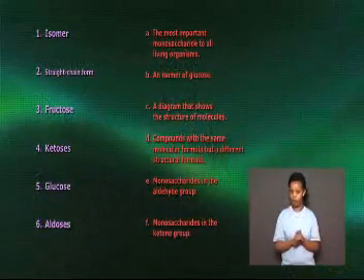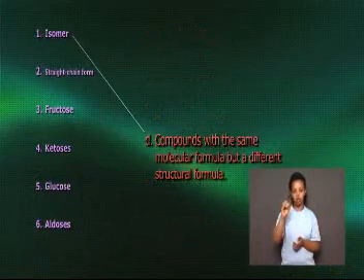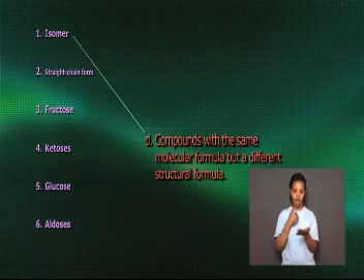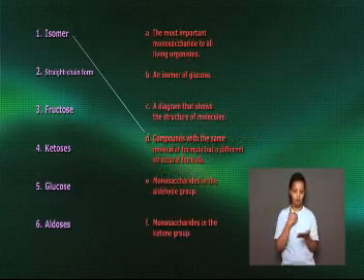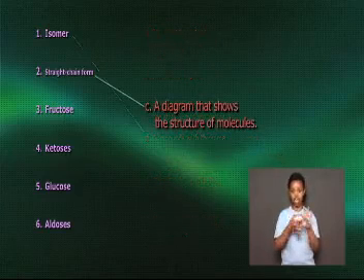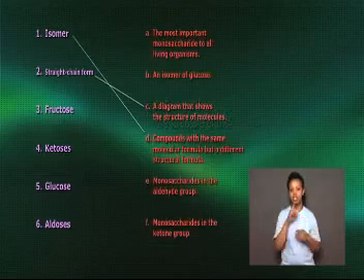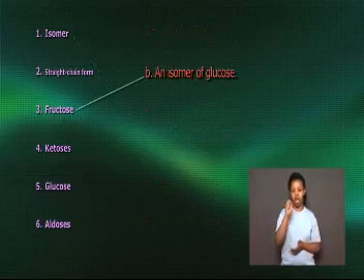An isomer is a compound with the same molecular formula but a different structural formula. Straight chain form shows the structure of molecules. Fructose is an isomer of glucose.